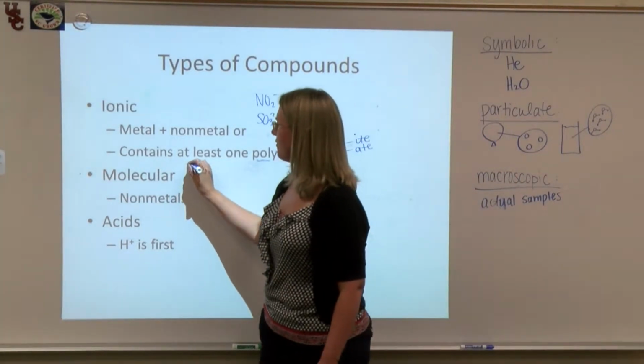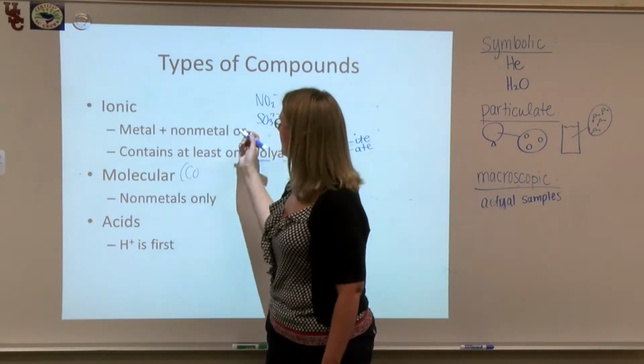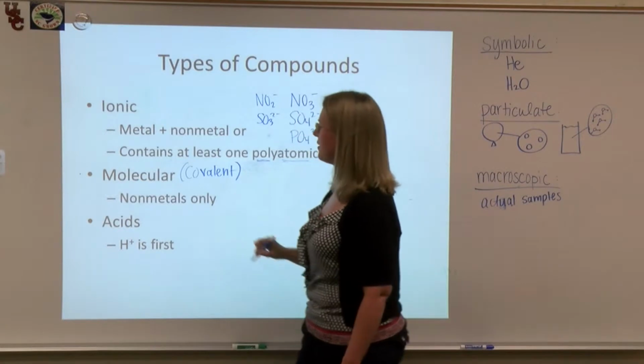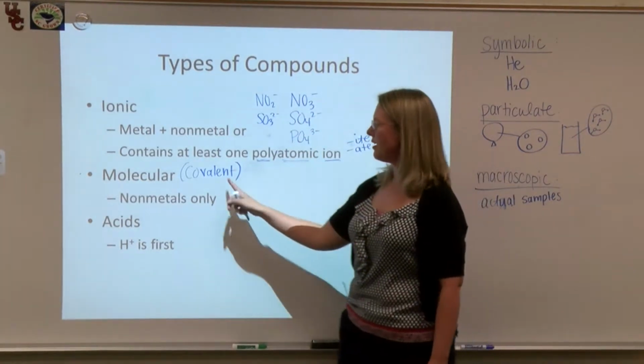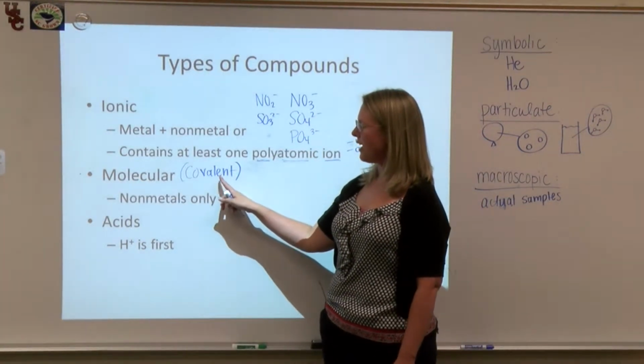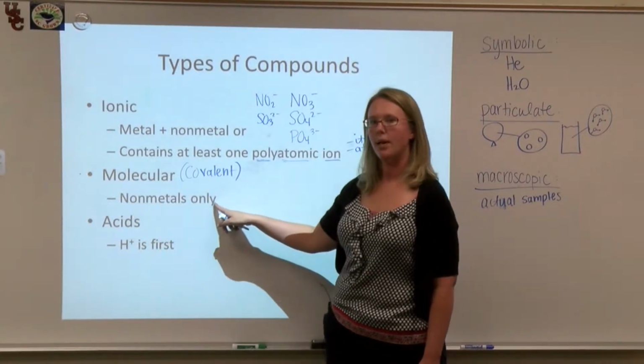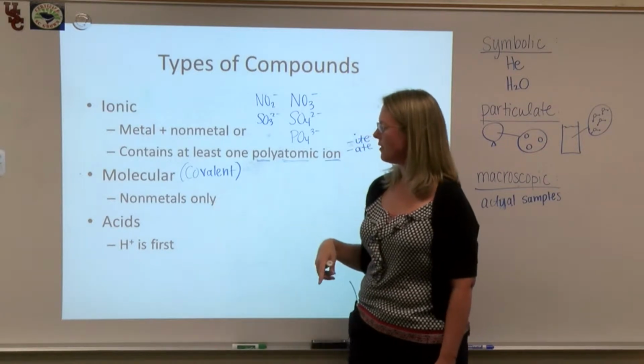Molecular, another name for those types of compounds or molecules is covalent. And these are substances that are covalently bonded. The atoms are covalently bonded. And these substances contain only nonmetals. Only nonmetals.